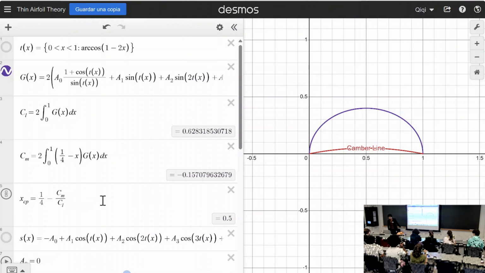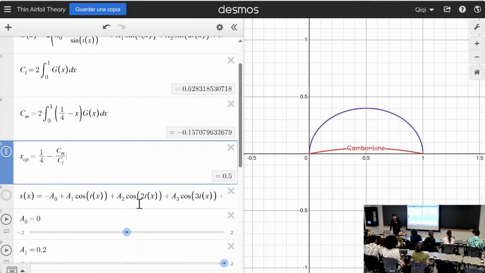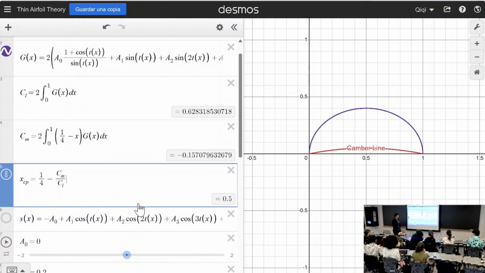Well, xcp is equal to half, so the center of lift is at half chord. But what is the sign of cm? It's negative, right? So you expect that most airfoils with camber, unless you specifically design them with a big A3 term, which we're going to explain on Monday, are going to have a negative moment coefficient.